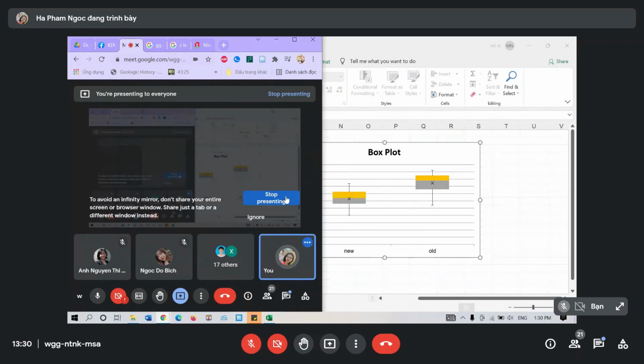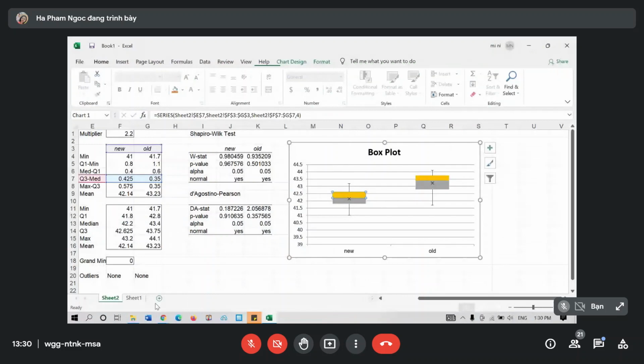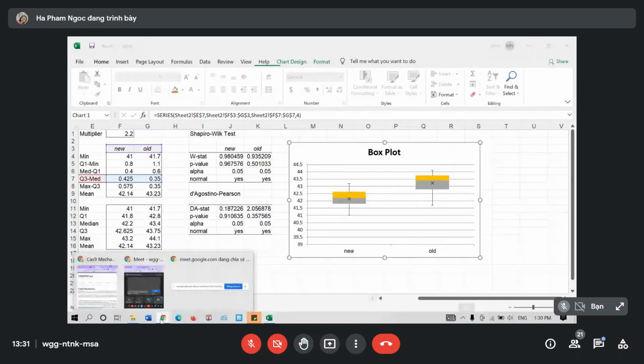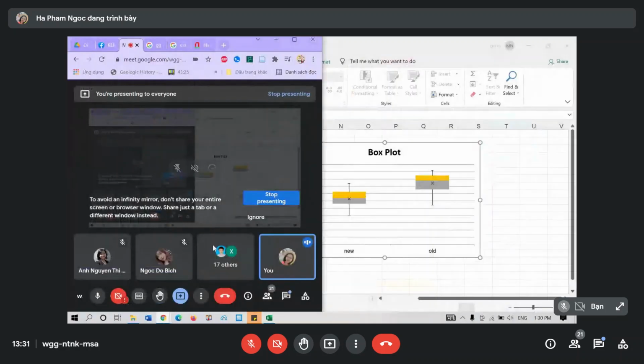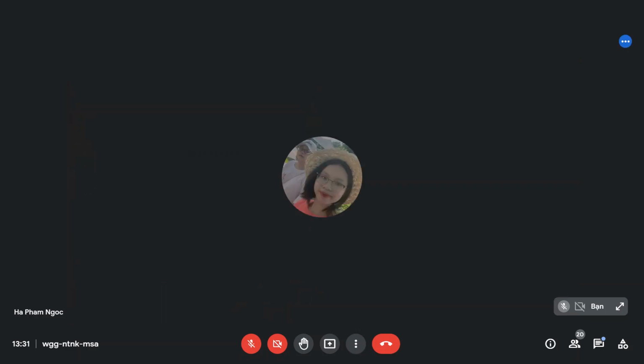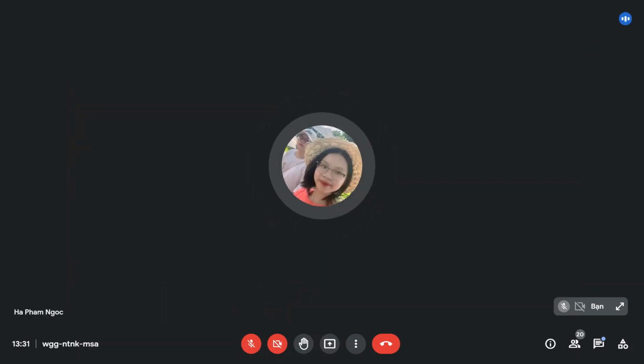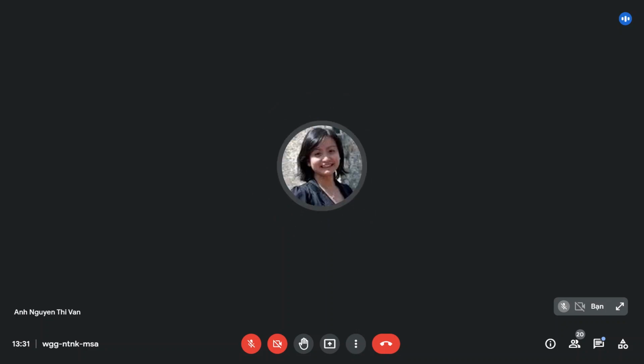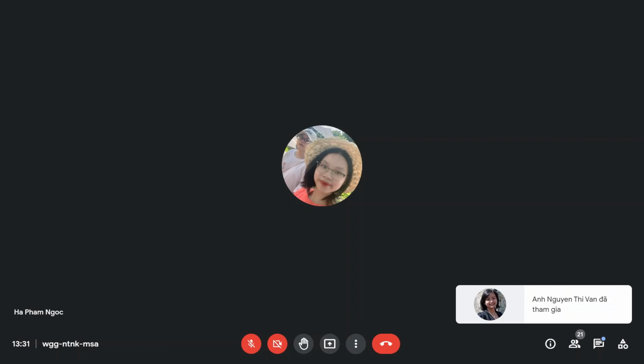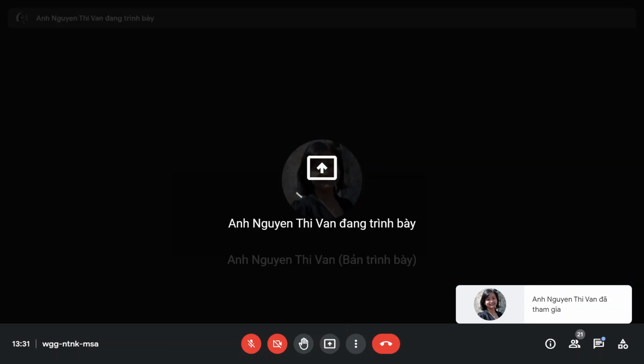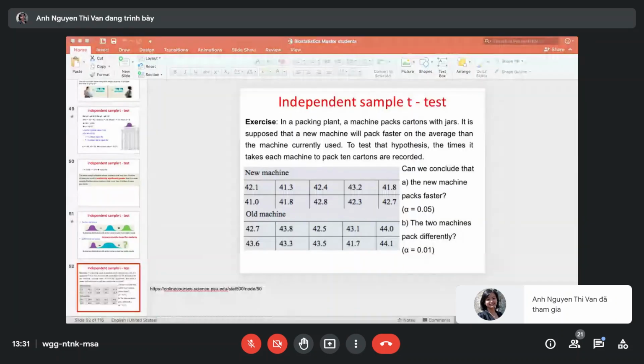The next part I wrote down in my notebook, not in Excel, so I can stop my screen sharing.